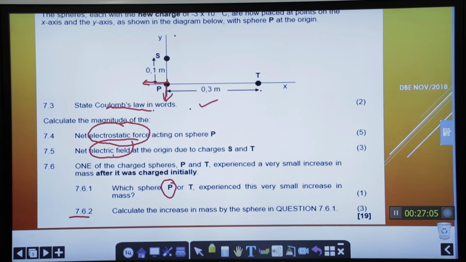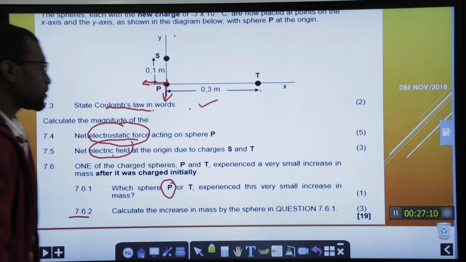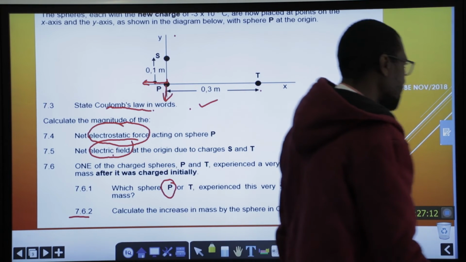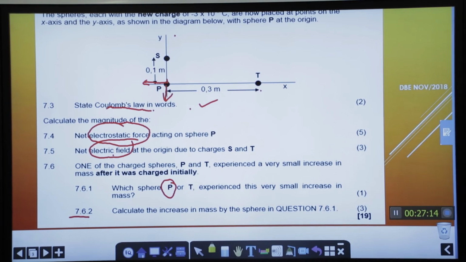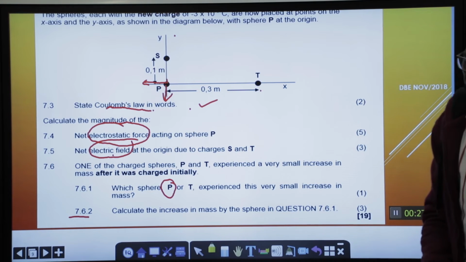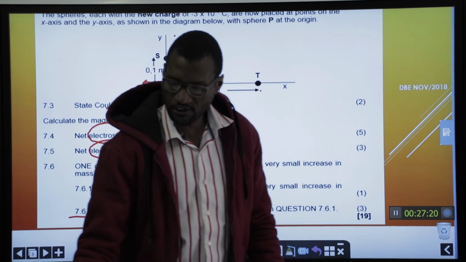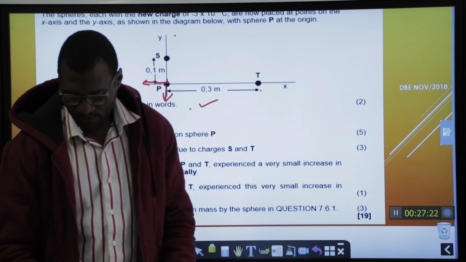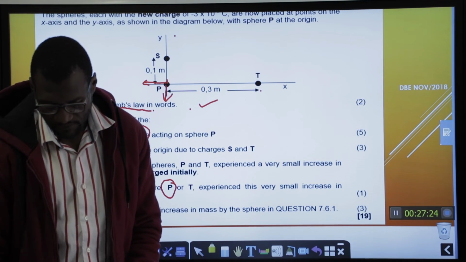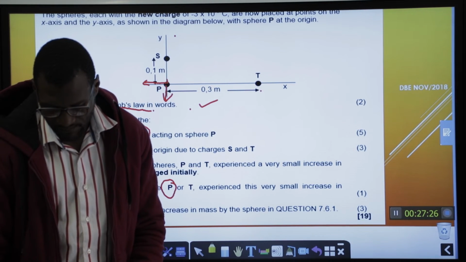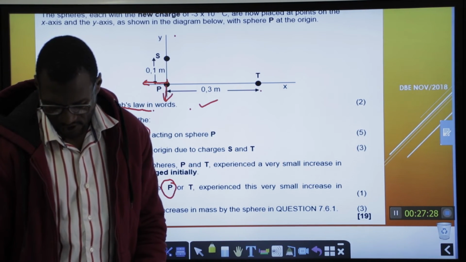7.6, calculate the increase in the mass by the sphere in question. 7.61. Let's look for the number of electrons first, and because we know the mass of each electron, we multiply the number of electrons by the mass of each electron.